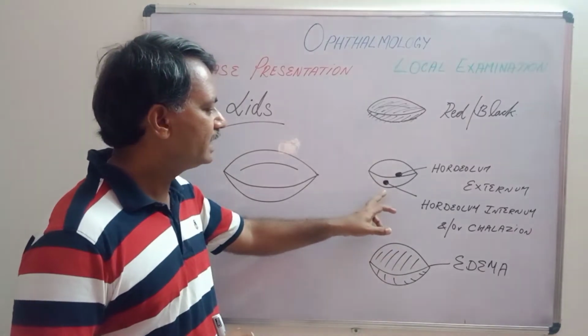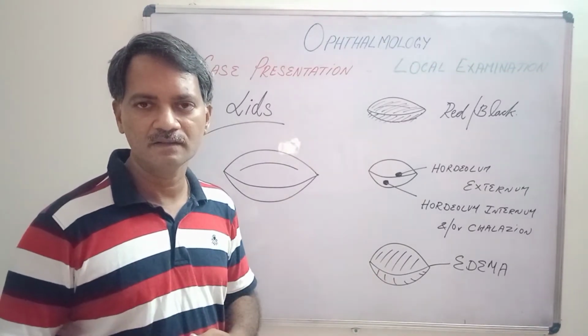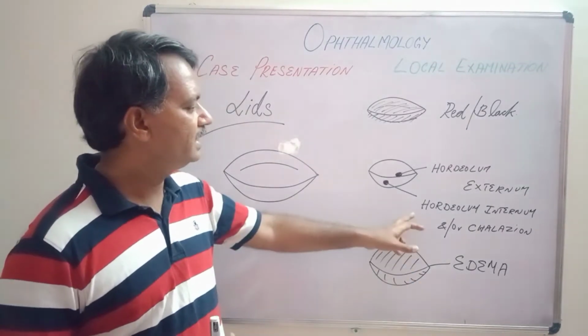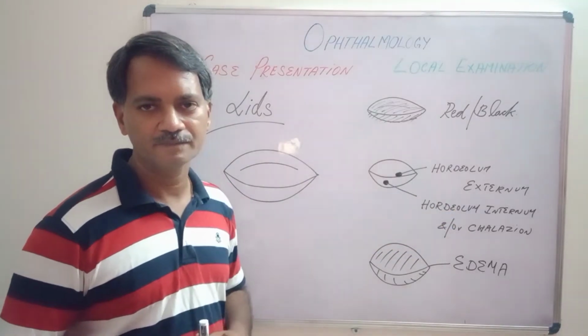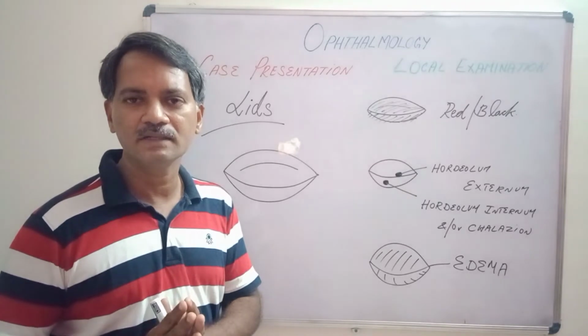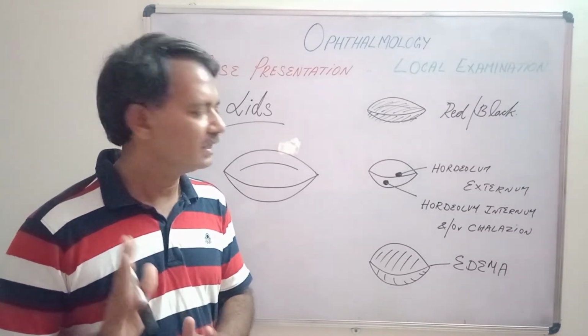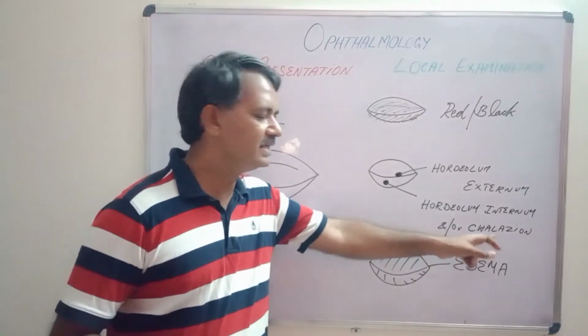If the swelling is away from the lid margin with high signs of inflammation, then it should be a hordeolum internum. If the swelling is away from the lid margin but hardly there is any sign of inflammation, then it has to be a chalazion.